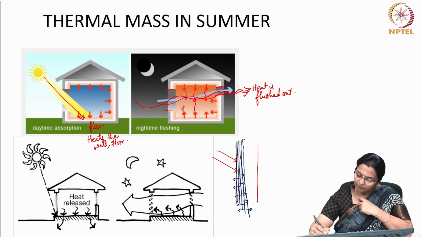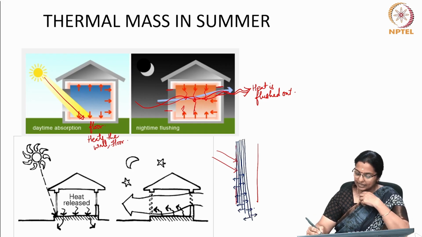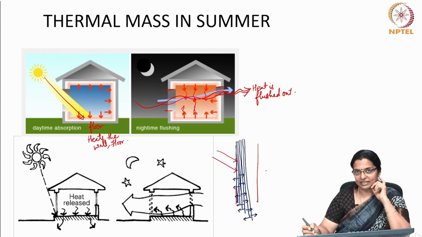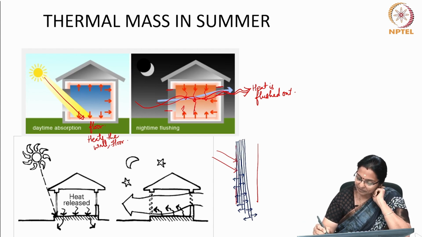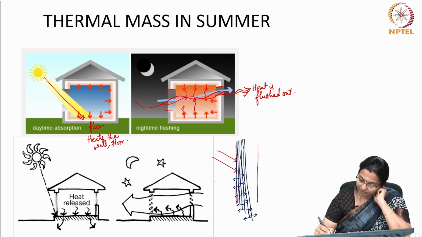Now, again this layer transfers the heat on either side. Supposing by then the evening happens. What happens? This layer gets cooled. Let me indicate it with the green layer. This layer gets cooled.